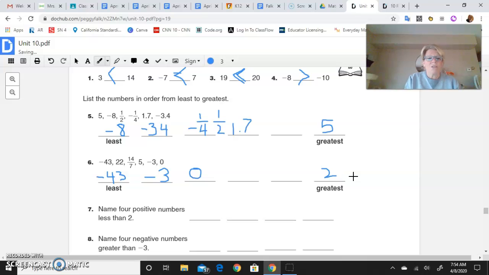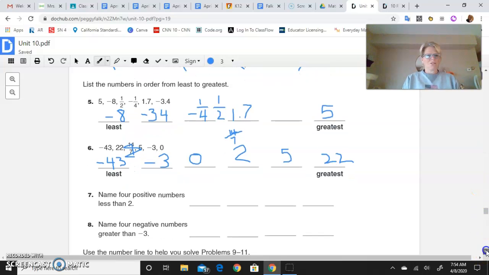There's no right way to order them. Now 14/7, if I do 14 divided by 7, I'd get 2. So 14/7 is the same as 2. Whoops, didn't need to do that. Or if I reduce that, that would get me 2 wholes.